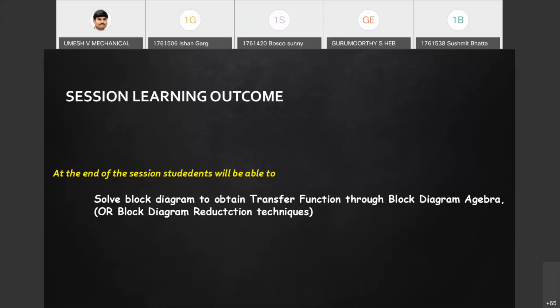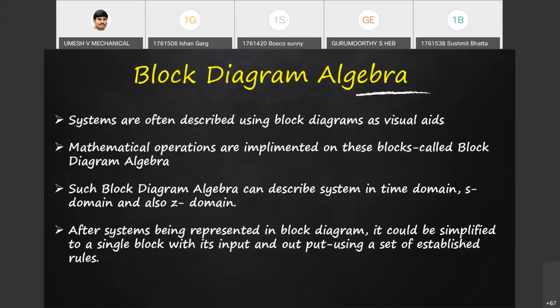We call it canonical form with a forward function and a backward feedback function. And then using a formula of reduction, we get the transfer function. So that exercise is carried. This is being put forward by mathematicians only. So systems are often described using block diagrams.